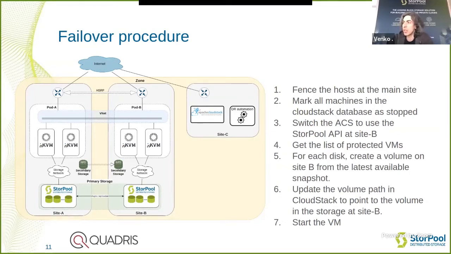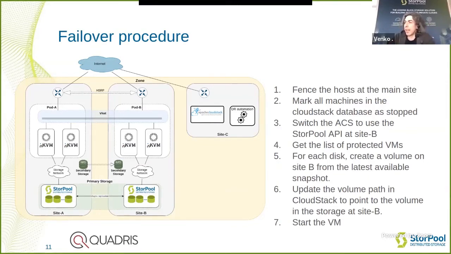We need to switch the StorPool API that this plugin uses from site A to site B. In normal operation, CloudStack is using the API endpoint on the cluster of site A. But since site A is down, we need to switch Apache CloudStack to use the API endpoint of StorPool on site B.